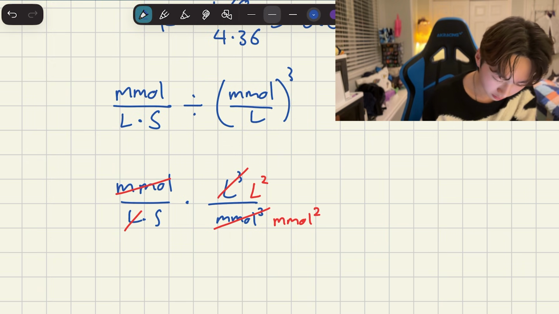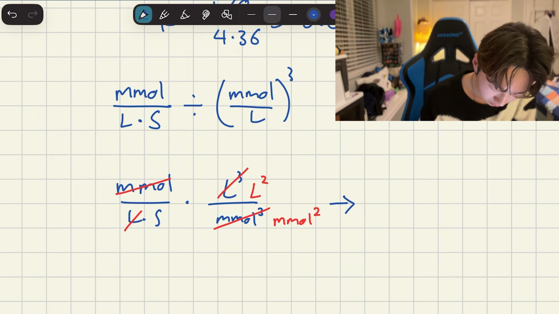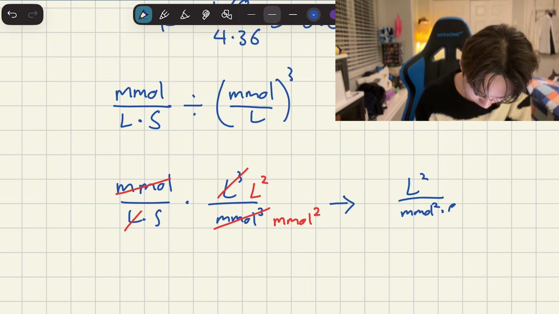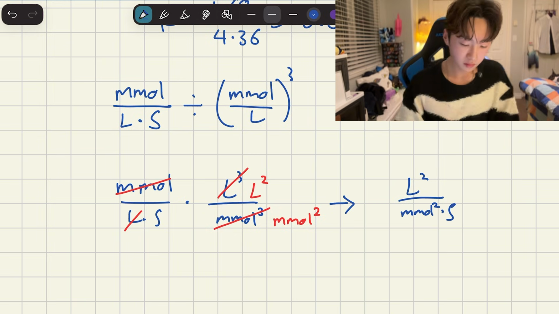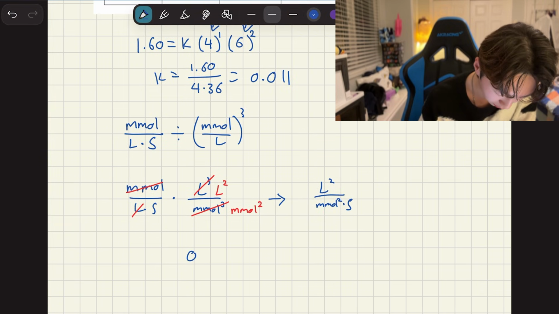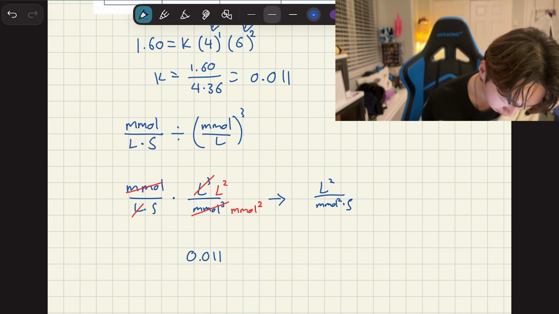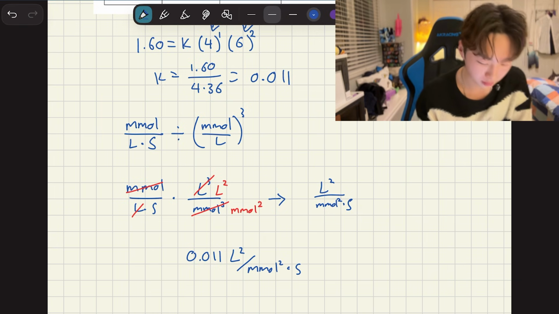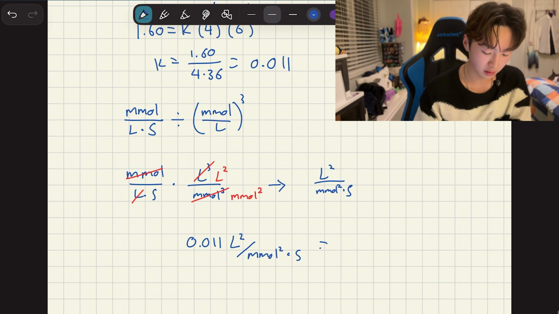So what's left is liters squared over millimole squared times second. So our final rate constant would be 0.011 liters squared per millimole squared per second. So that's our K.